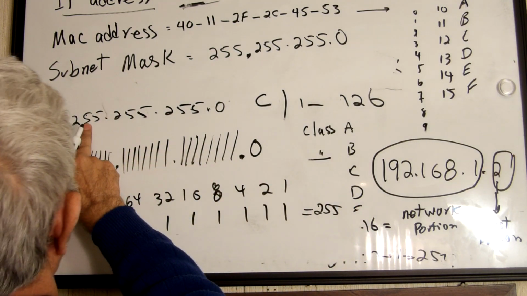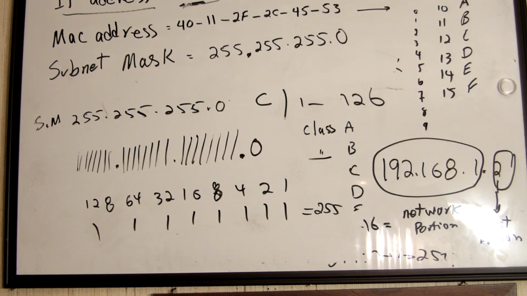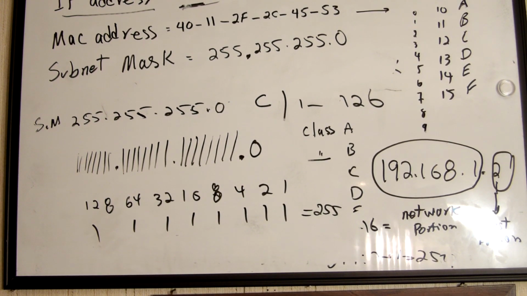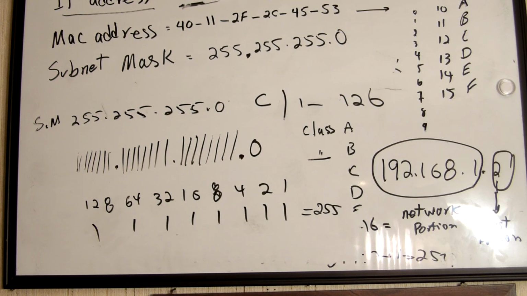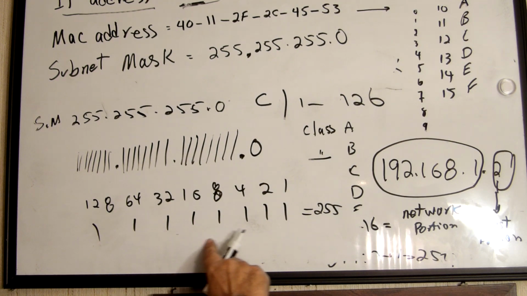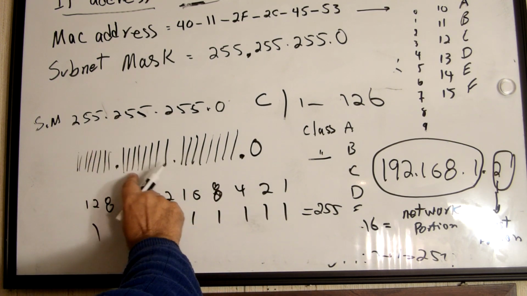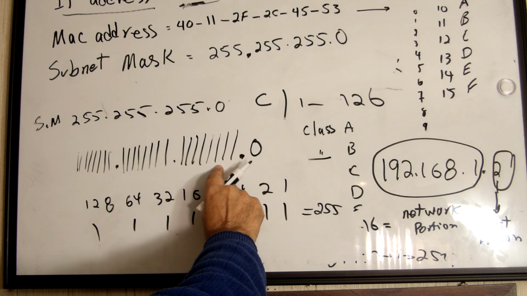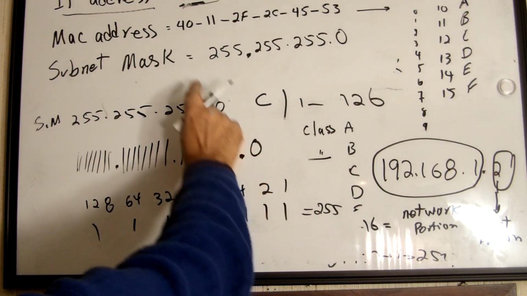So it'll be right here, 255. I want you to get the point that this way we show that this is 255, all ones.